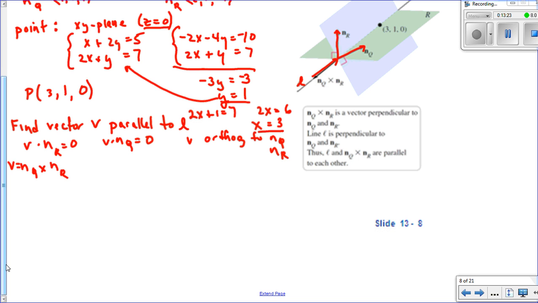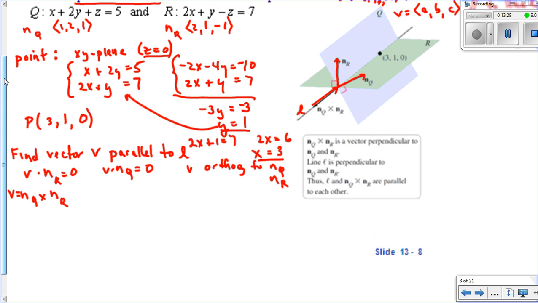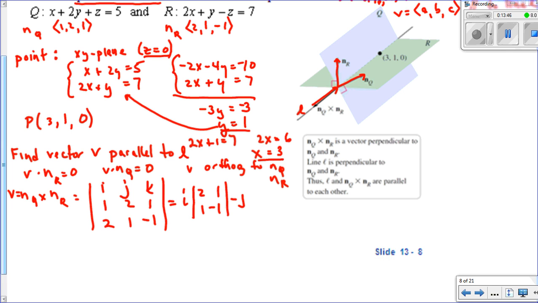So n sub q and n sub r, place in a 3 by 3 determinant, i times the determinant 2, 1, 1, negative 1, minus j plus k times the determinant 1, 2, 2, 1.